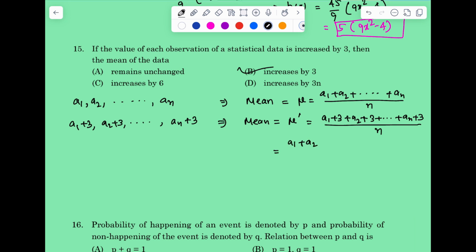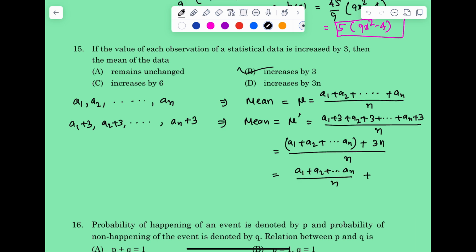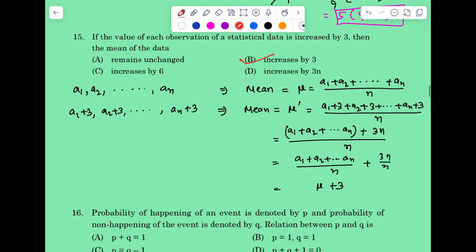That is equal to a1 plus a2 plus up to an plus 3n, divided by n. Now we can rewrite it as a1 plus a2 plus up to an by n plus 3n by n. That is equal to mu plus 3. That means it will be increased by 3.